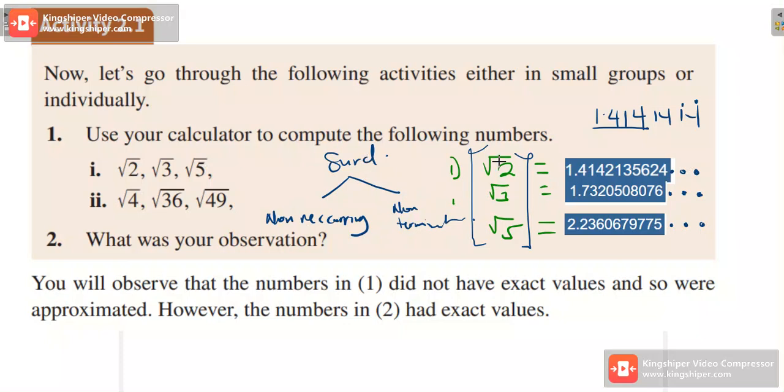So examples are root of 2, root of 3, root of 5. And you can see that the number goes on forever, and that is the non-terminating part. And if you also look at the number pattern, you can clearly see that the arrangement is randomly mixed, such that you cannot predict the next value, and that is the non-recurring part.